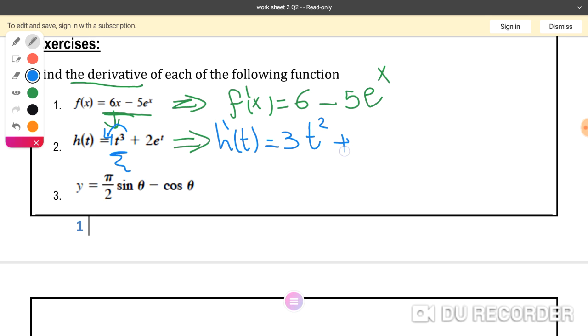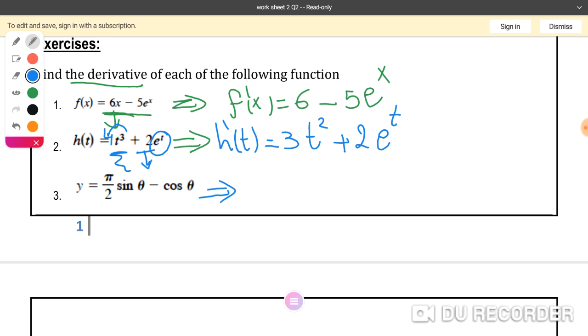Plus the constant multiplied by the derivative of this function with respect to t, which will be e to power t. Be careful: in this case, I find the derivative with respect to the variable, the same variable as the function.